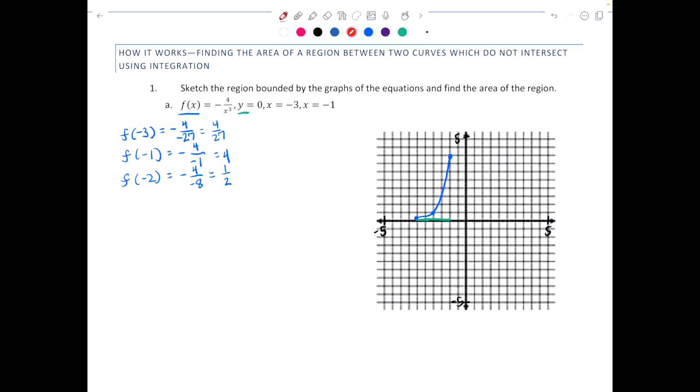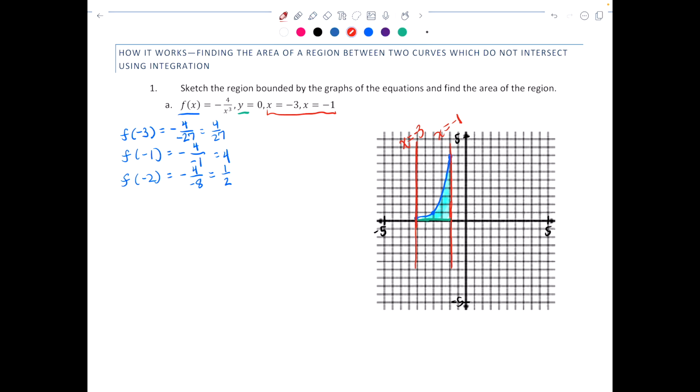And then you've got these vertical lines, this vertical line at x equals negative 1, and x is negative 3, taking from these guys. And so our area region is in here.